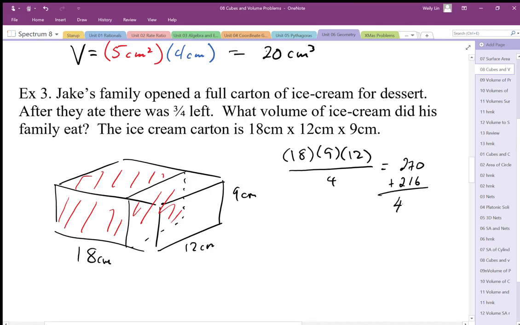So we end up with 486 centimeters cubed that was eaten. You might want to double check that calculation, but by my mental math, that looks okay.